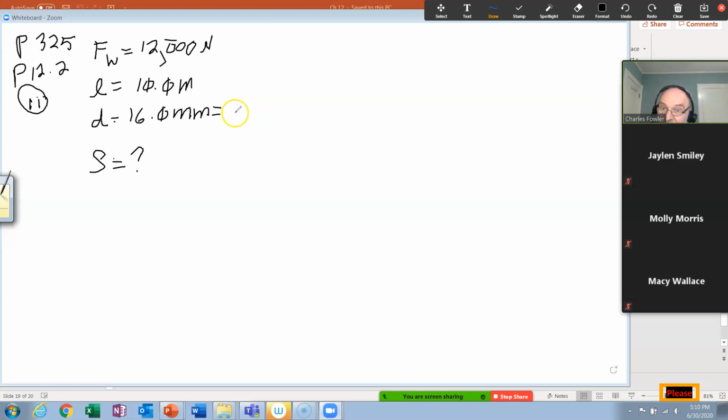Well, a millimeter is a thousandth of a meter, so this would be 16.0 times 10 to the minus 3 meters, because that is what a millimeter is, a thousandth of a meter. So we've just changed it. I didn't use a conversion factor because I knew that one. Did you know it, or do you need me to do that as a conversion factor? Is that okay?